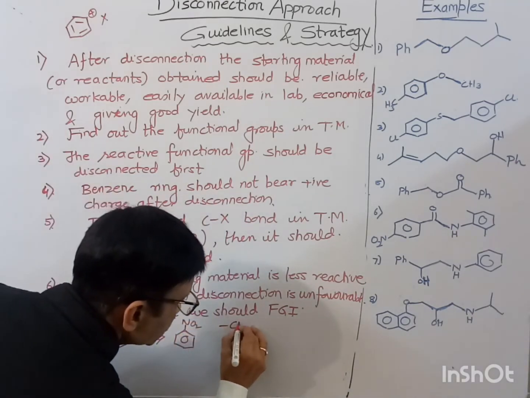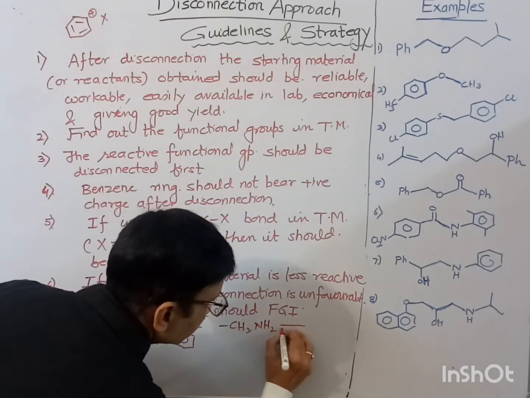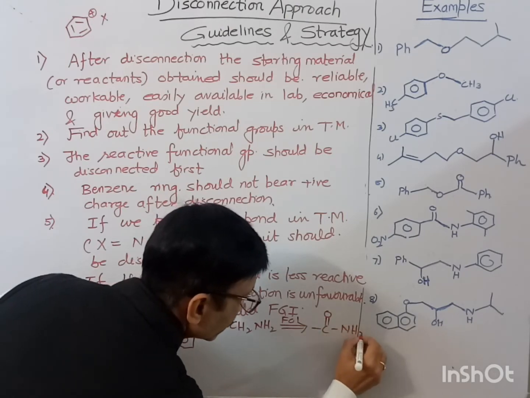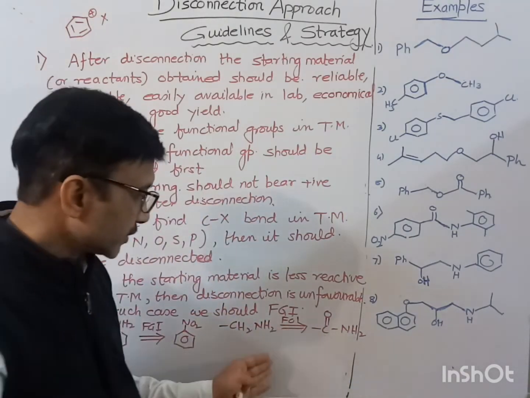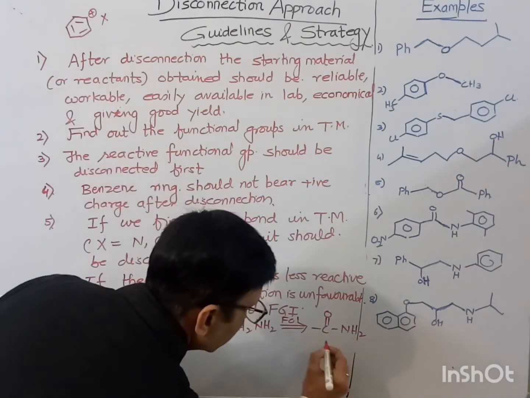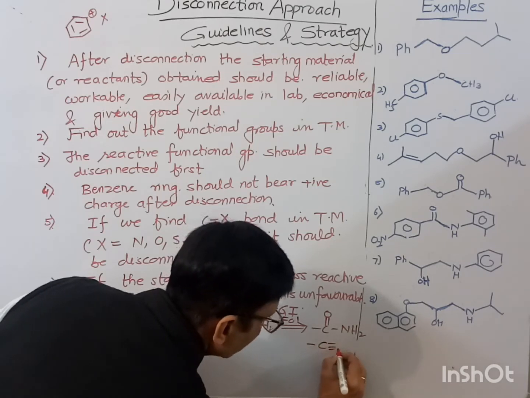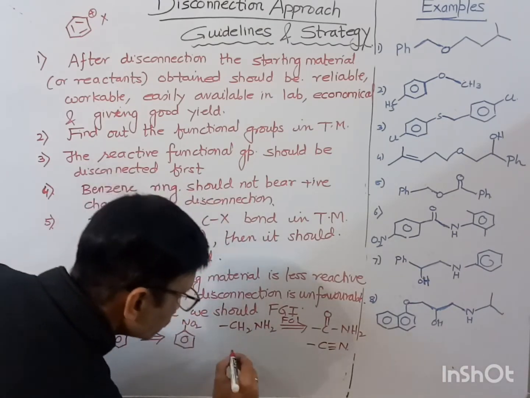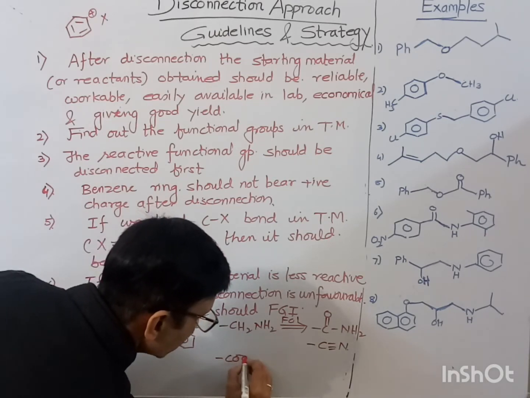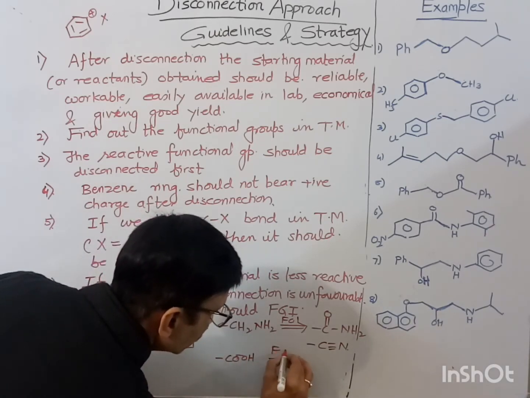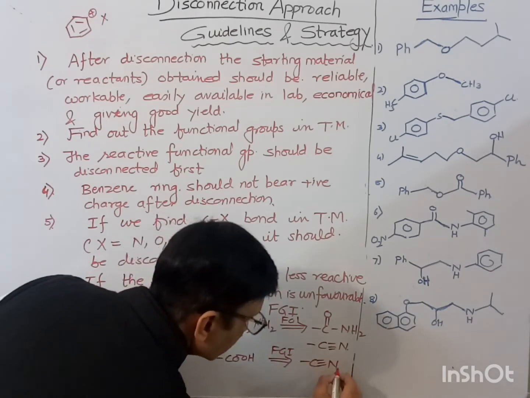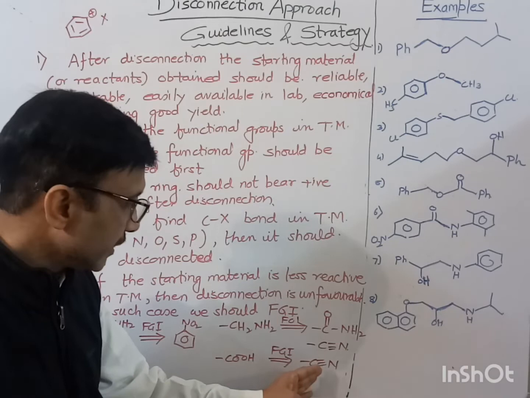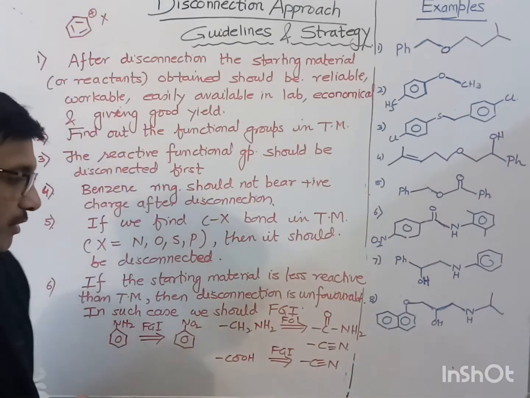Okay, suppose you have CH2NH2, that can be interconverted into an amide, because on reduction it gives the amine, and similarly it can be converted into C triple bond N. Or if you have COOH, that can also be converted into C triple bond N, cyanide, because on hydrolysis, if you think in the reverse direction, CN gives you COOH. Okay, and many more.